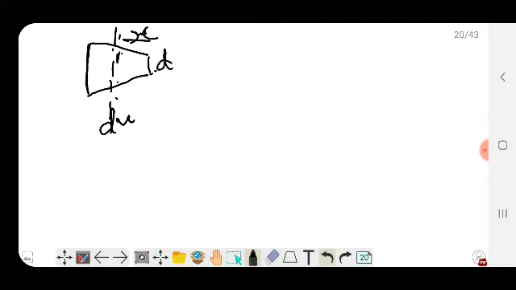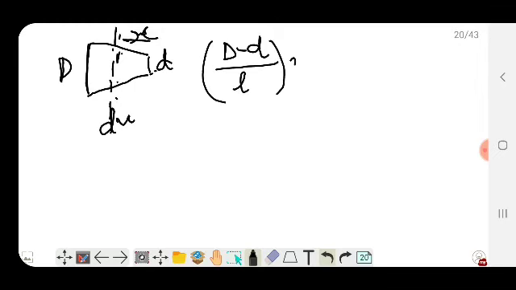There, if the smallest diameter is d and the biggest diameter is capital D, at any section x distance from one of the extreme ends, the diameter can be taken to be (D minus d) by L times x plus small d.